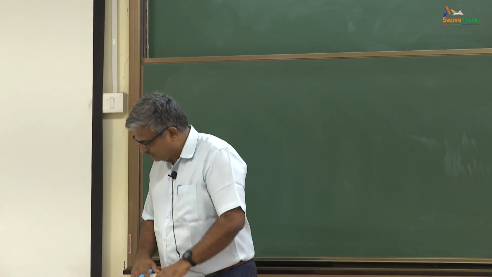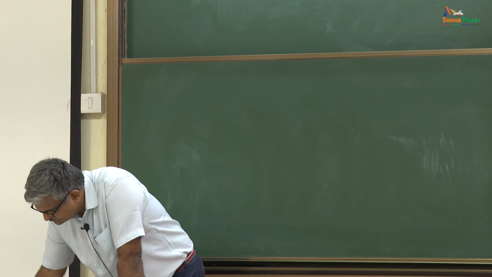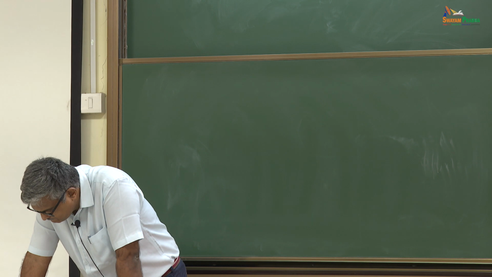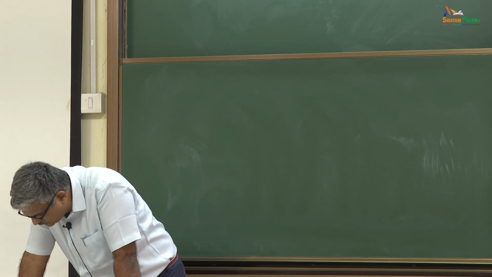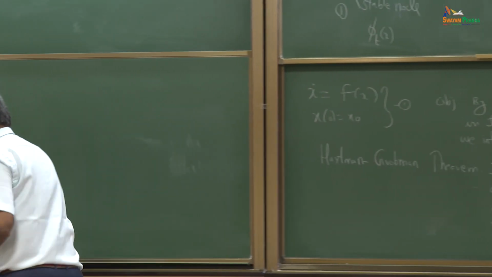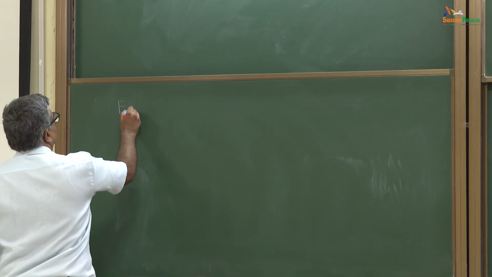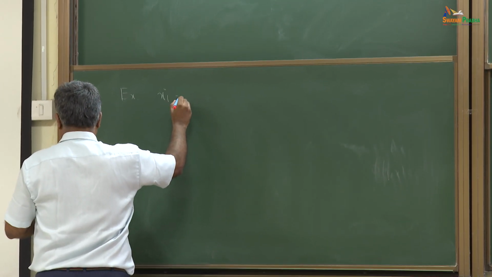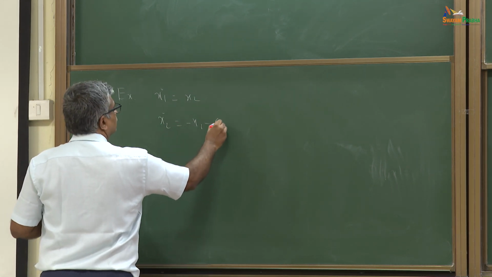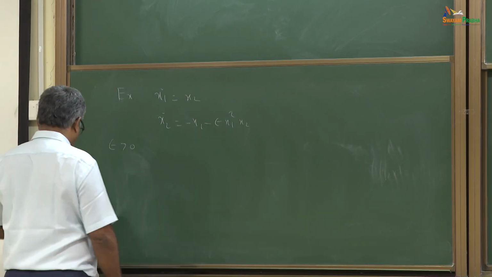So let us take an example, or I'll give a second order example of what can go wrong. Epsilon is some parameter.